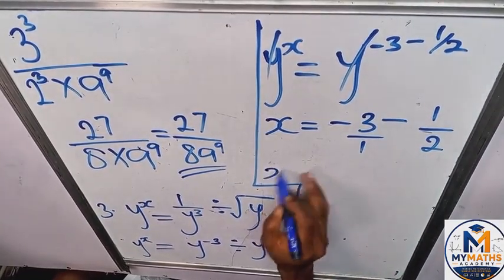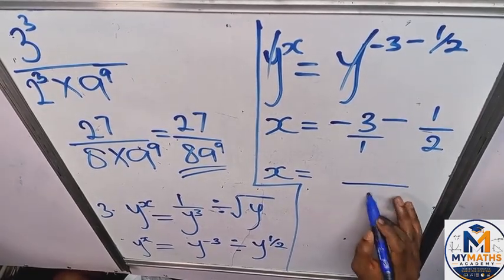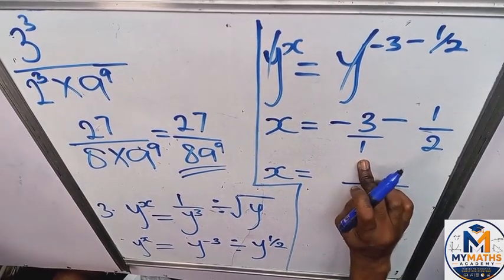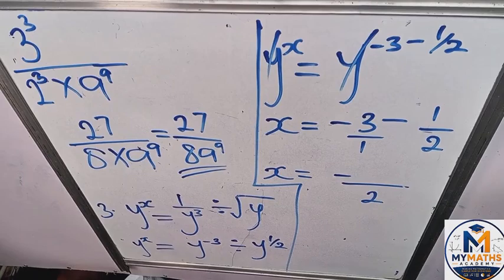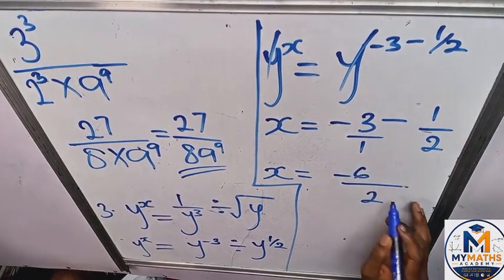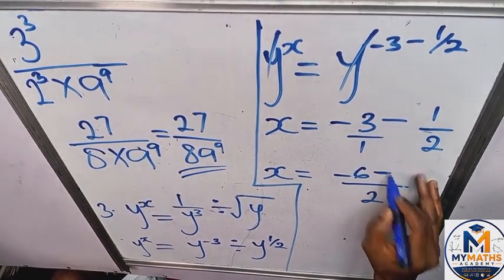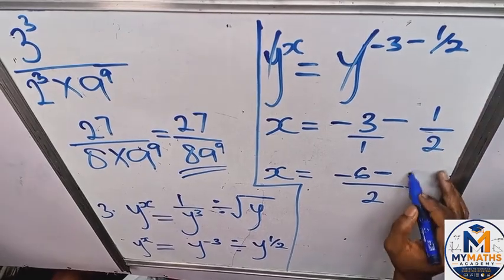So therefore, the LCM of 1 and 2 will be 2. 2 divided by 1 is 2. 2 times this will give us minus 6. Minus, 2 divided by 2 is 1. 1 times 1 will give us 1.